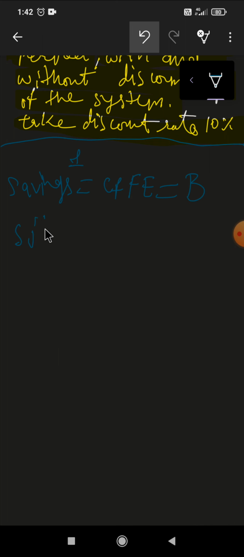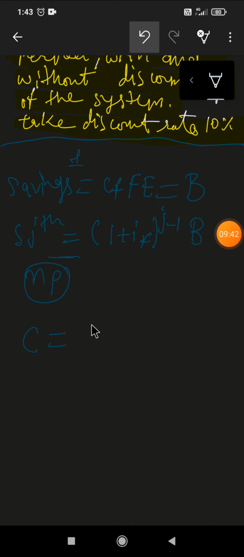Savings for the jth year will be equal to, using the compound interest formula, (1 plus if) raised to j minus 1 into B. If the payback period is NP, it follows that at the NP year, the savings will be equal to the initial cost, that is, the cost of the equipment.